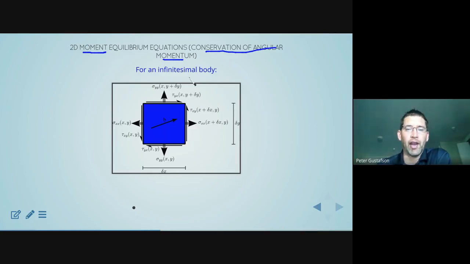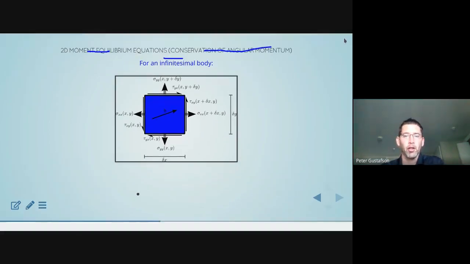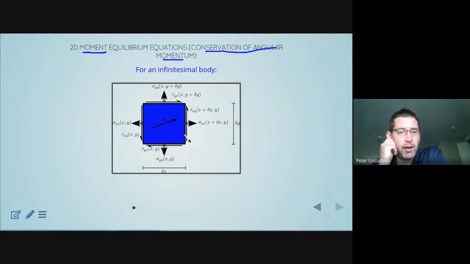Here we're going to look at the same two-dimensional body. Okay, it's a differential, infinitesimal differential element called a parallelepiped. It's got those same stresses that we had previously. Now, instead, what we're doing is looking at the moment equilibrium associated with it.